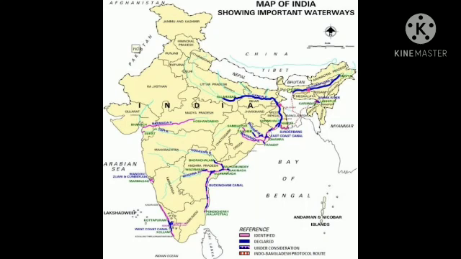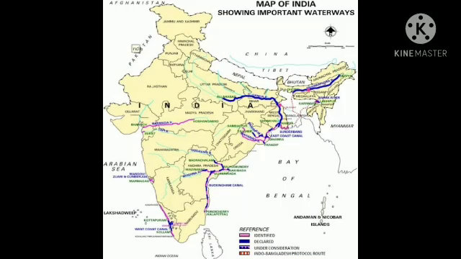The West Coast Canal in Kerala, that is the third one, Kottapuram to Kollam, along with the Udyogamandal and Champakara canals. They are in Kerala, and it is 205 km.